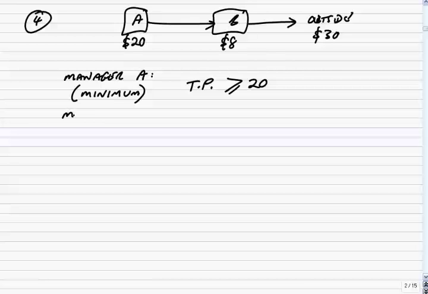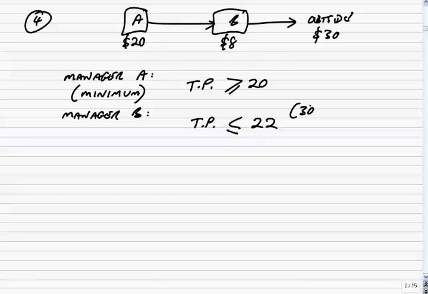Then put yourself in the position of manager B. If you're manager B, what's the most you're prepared to pay to buy this product from A? Well, you're going to sell it for 30. You're going to have to pay costs yourself of 8 anyway, which leaves you with a net 22. And therefore, surely, the most you're prepared to pay is 22.